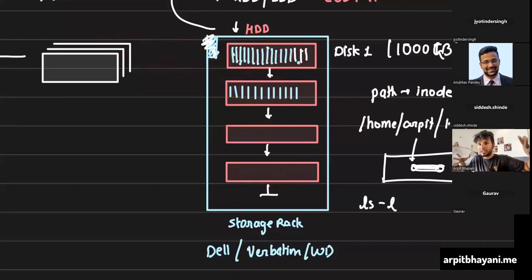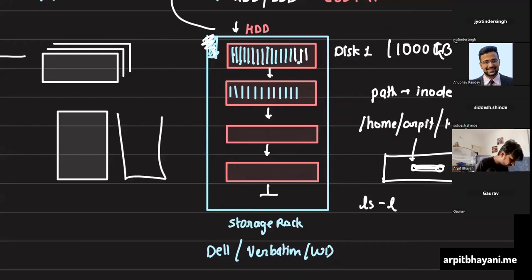But the storage rack has a limit, because it is physical hardware in which you are inserting the disks. Because there are a limited number of slots, let's say 20 or 30 slots, you cannot go beyond that. Which means you would have multiple such storage racks.